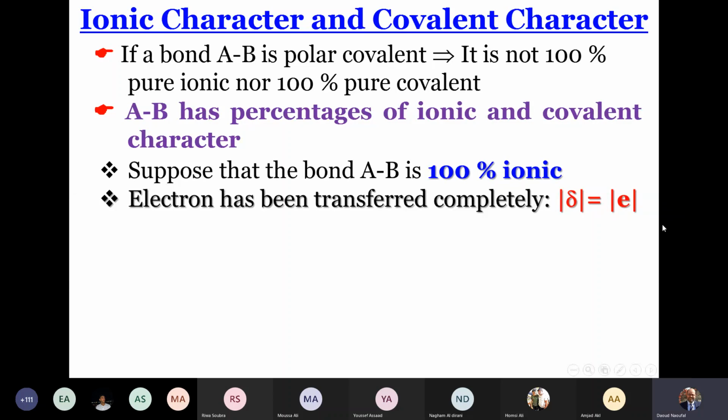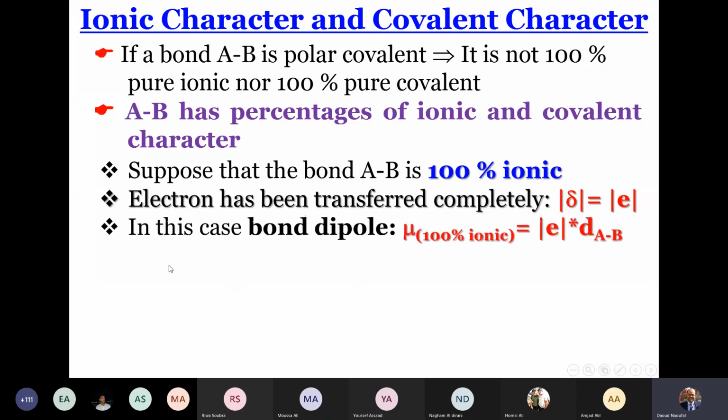So the absolute value of delta is equal to the absolute value of e. In this case, the bond dipole for a bond supposed 100% ionic is equal to the charge delta, the absolute value of e, times the distance AB.